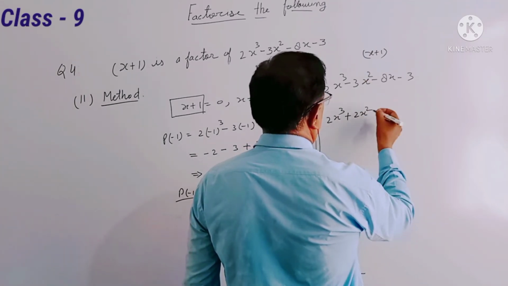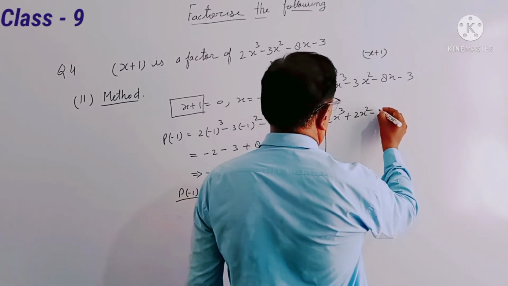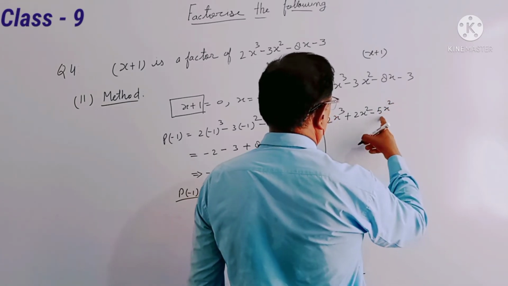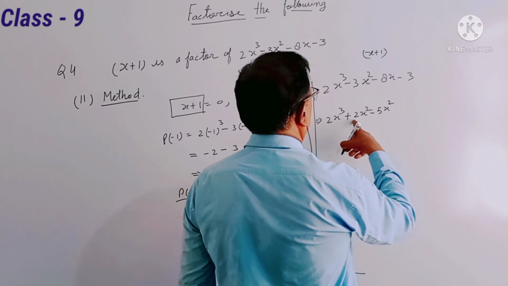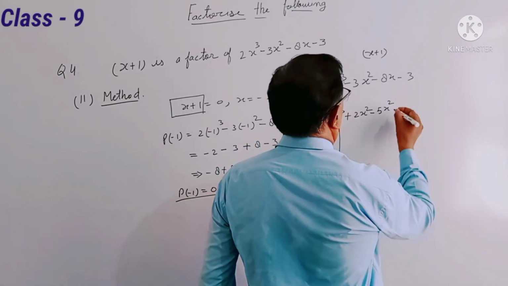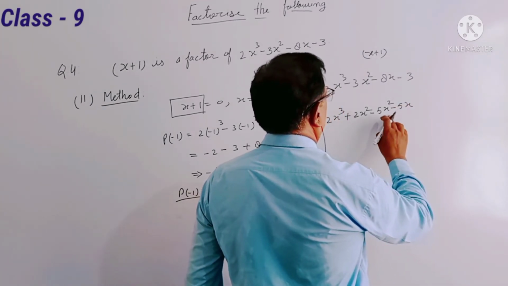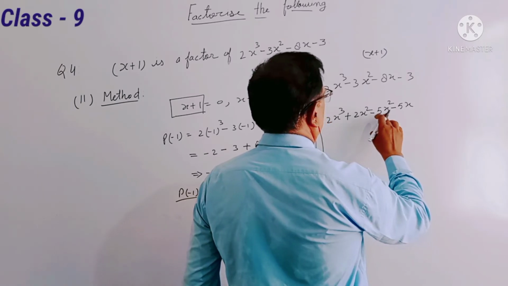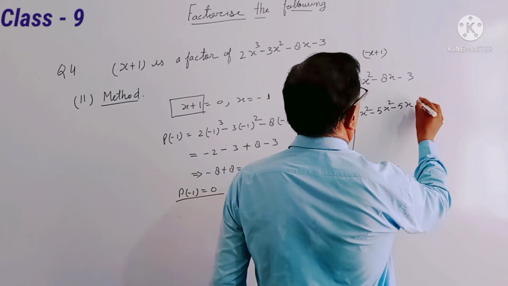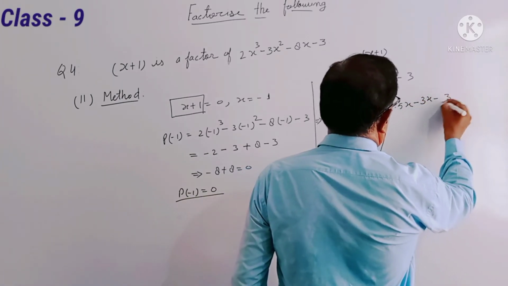We have written it extra, so we will manage it. 2 and 3 will be 5, 5x square. When we subtract 2 from 5, 3 will remain. Now we write minus 5x, and if we take 5x common, x plus 1 will remain, and here will remain 3. So we will write here 3x, then minus 3.